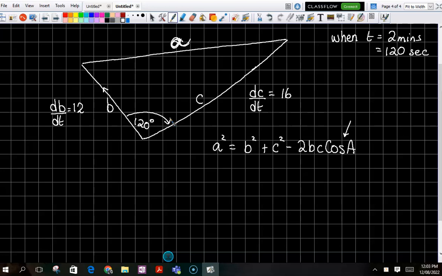So what is cos of 120? Minus 1/2. So we now end up with A squared equals B squared plus C squared minus 2BC times minus 1/2, so plus BC. Groovy?